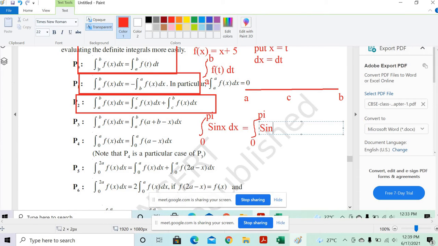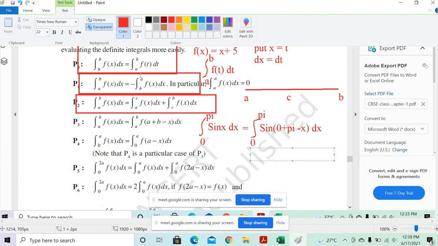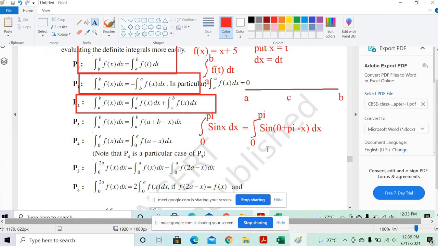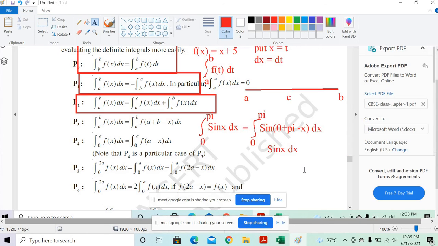This will be written as sin of 0 plus pi minus x, dx. It still remains the same. Sin of pi minus x is sin x only, no? Yes. It still remains sin x dx only. Got it? Clear?